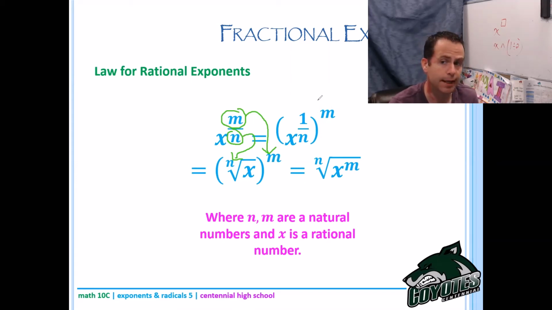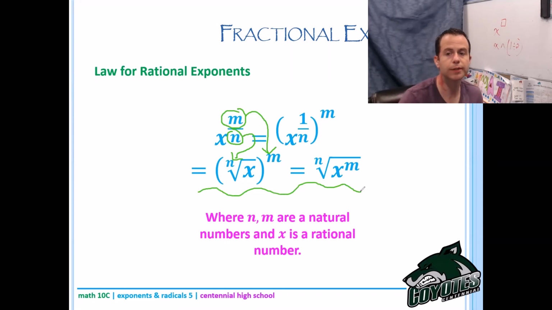I just split that up to be a power of a power. And all we're saying here is that it doesn't really matter where that m is. Either you can take it on the whole thing after you take the root, or you could put it on the base and then take the root of that number, okay?